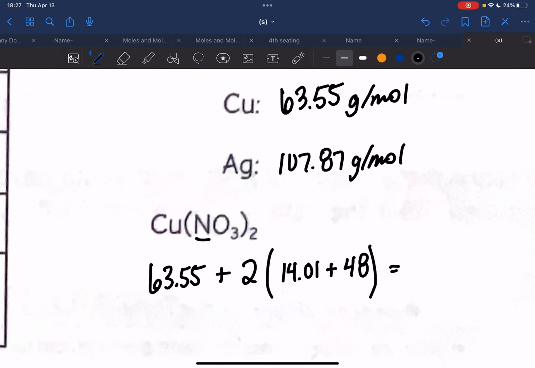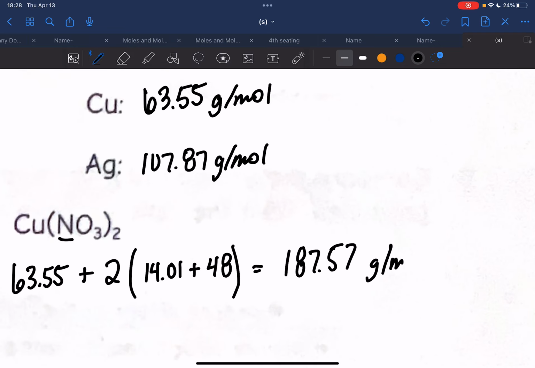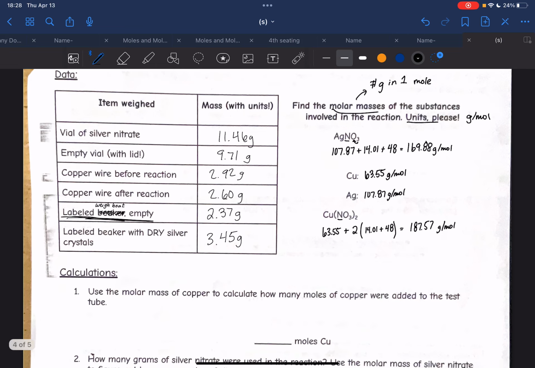So that's 2 times the mass of the nitrate. See what I'm doing there? So now I'll just add this up with my calculator. And I get 187.57 grams per mole. There we go.